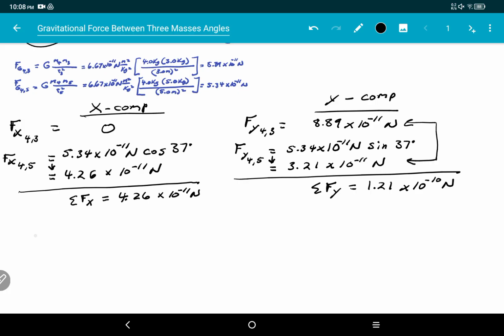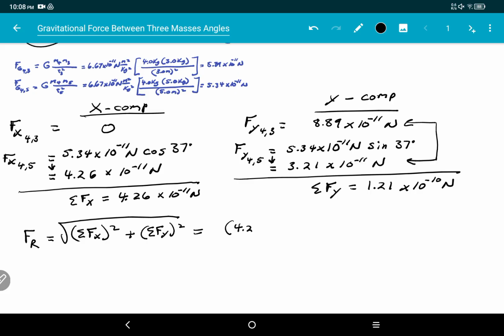So our net force, or resultant force, is going to be the square root of the net in the x direction squared plus the net in the y direction squared. So Pythagorean theorem, never can get away with it.